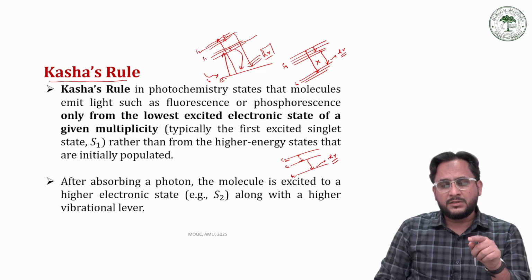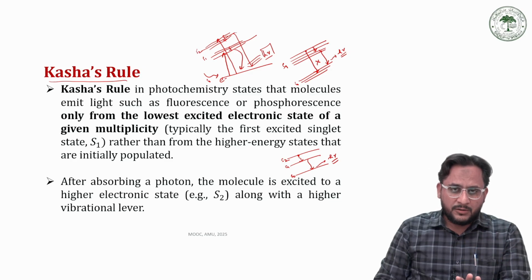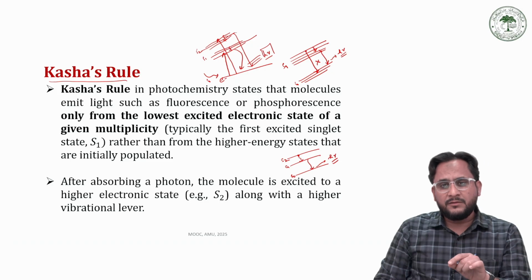Both these deactivations, the internal conversion for coming from S2 to S1 as well as vibrational relaxation for coming from a higher vibrational level of S1 to a lower vibrational level of S1, are non-radiative energy loss phenomena, meaning they do not emit light radiation.